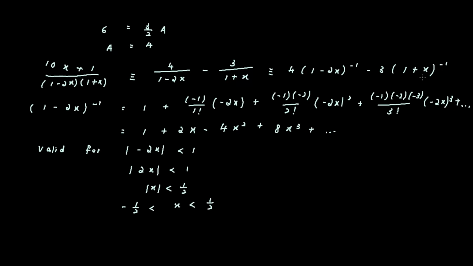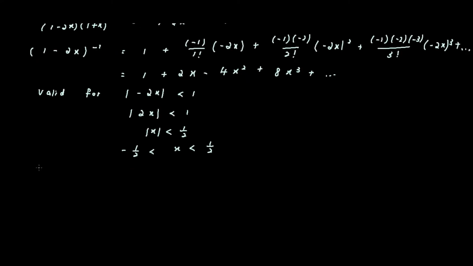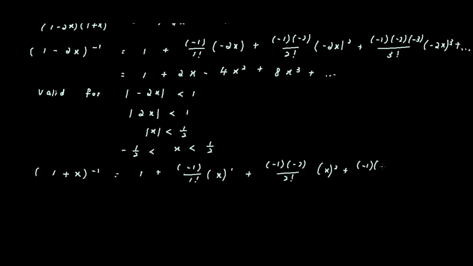So now you can continue with the second one. This type of question is quite long. So the next one is (1 plus x) to the power of negative 1. The same thing: 1 plus power times x, plus power times (power minus 1) over 2 factorial times x squared, plus power times (power minus 1) times (power minus 2) over 3 factorial, x cubed and so on.